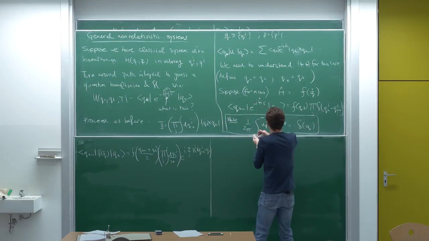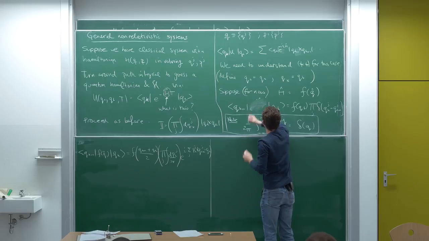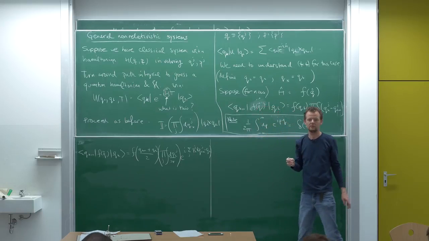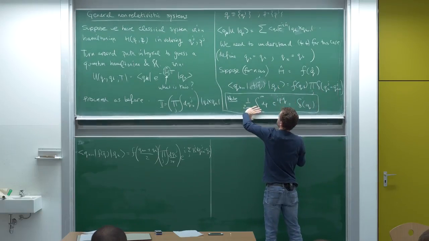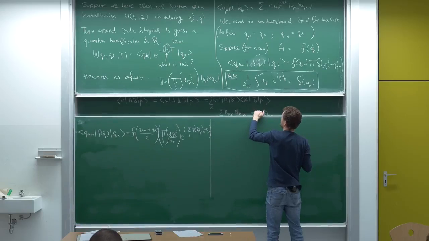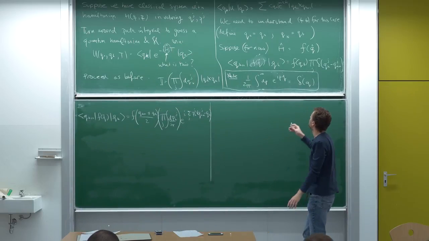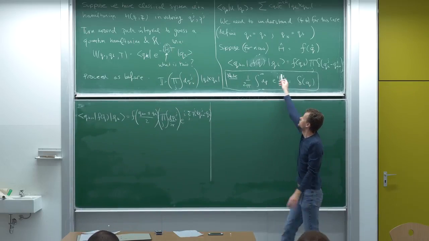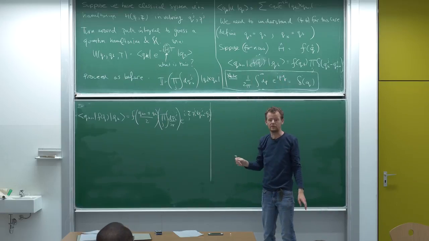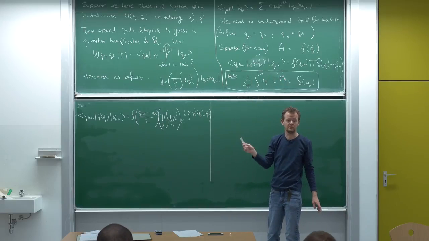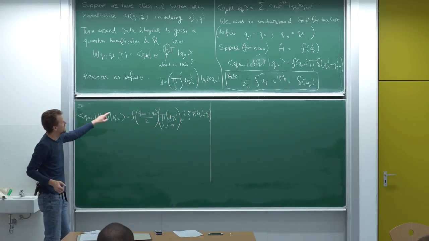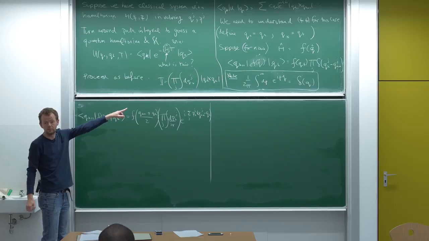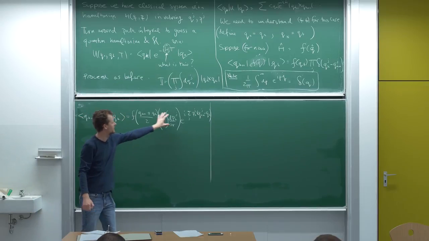Actually, this term here was nonsense. It only makes sense when there's an f of q in there. So once you know how to calculate this, you of course know how to calculate the transition amplitude, because you have an extra identity term. So that expression, once you use this integral representation for the delta function, equals this not very lovely expression here.